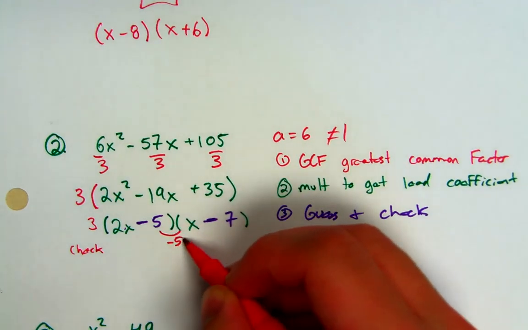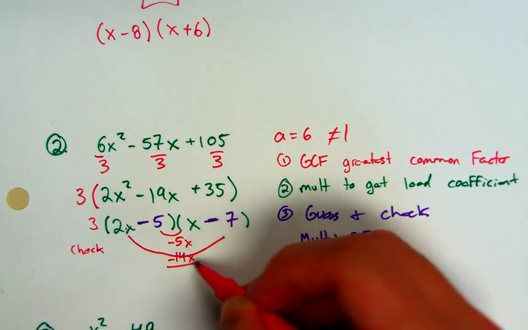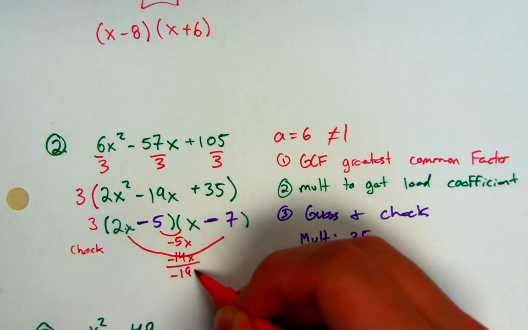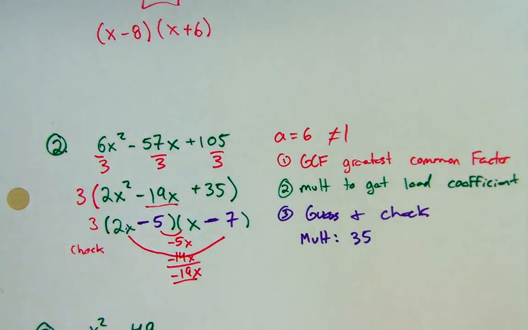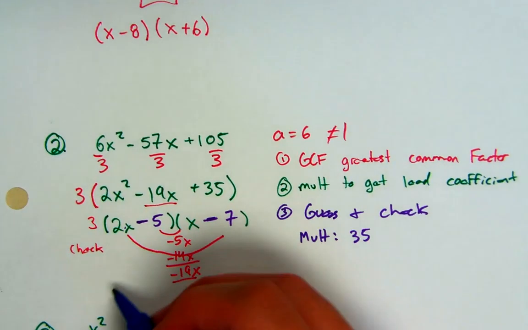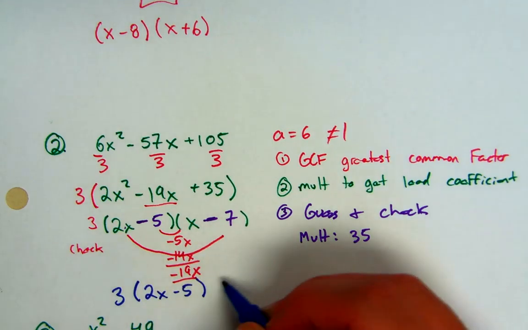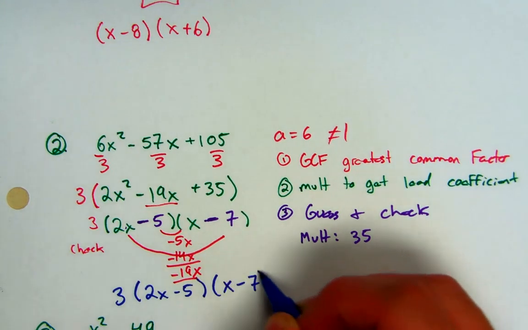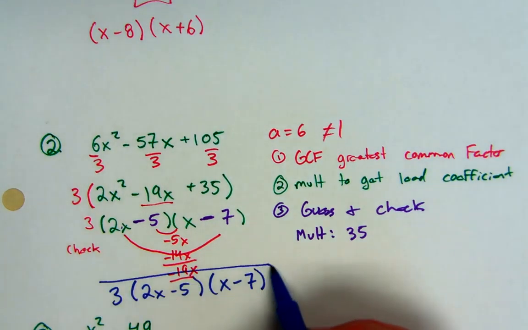So I get negative 5x. 2 times 7, that's negative 14x. Add them together, you get negative 19x. And that matches with that middle term there, so we did do it correctly. So my final solution to factoring this problem is 3 times 2x minus 5 times x minus 7. So that is the final answer here.